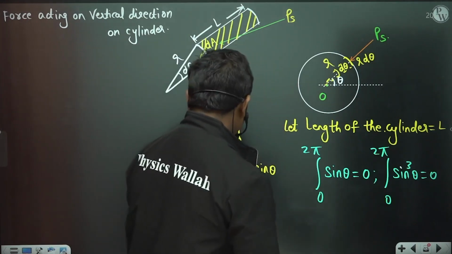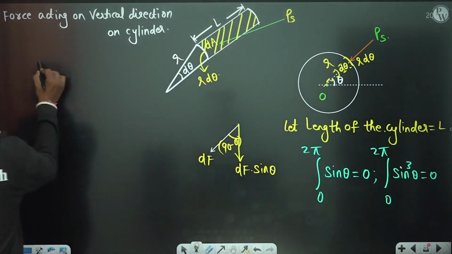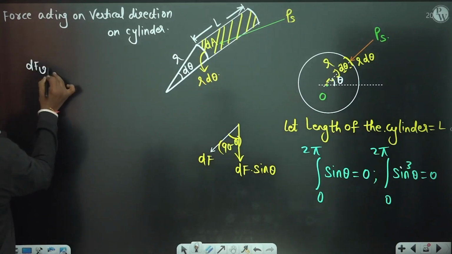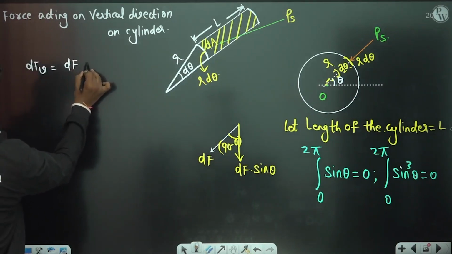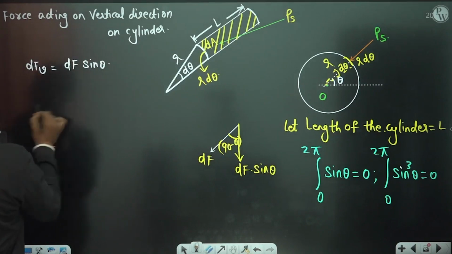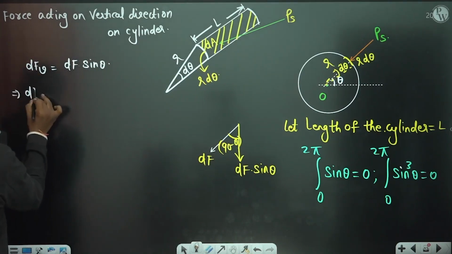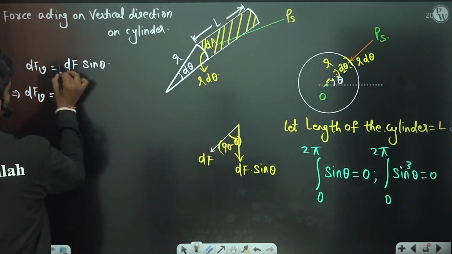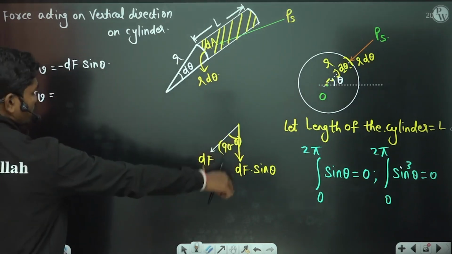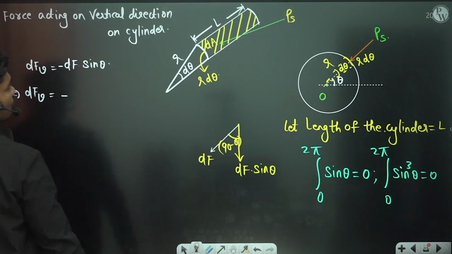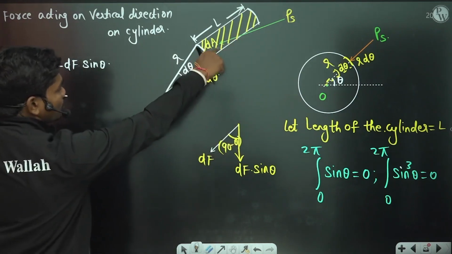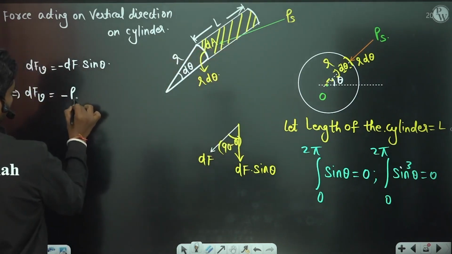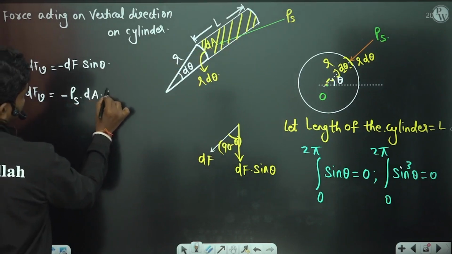Now, dFV is equal to dF sin theta. Now what is this dF? This is in the bottom direction, so it is minus dF sin theta. dF can be written as PS into dA, so minus PS into dA into sin theta.